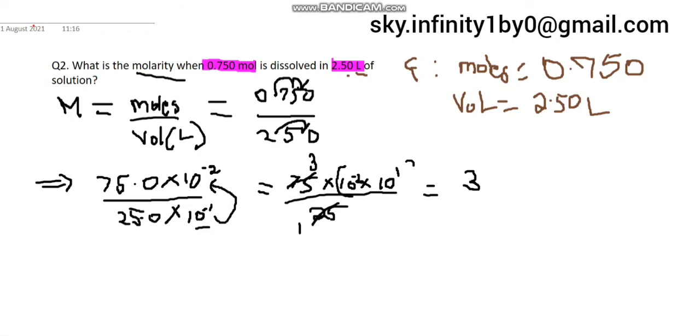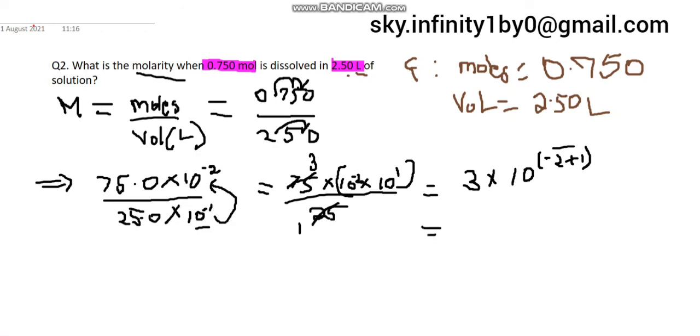We use the basic laws of exponents: 10 raised to minus 2 plus 1. By solving this, minus 2 plus 1 is minus 1.